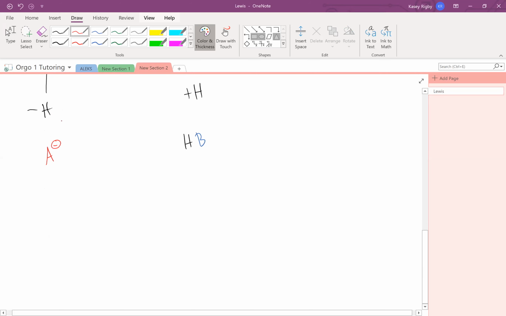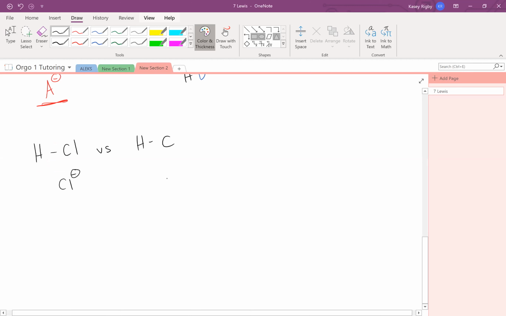So when we're looking at acids, the more stable the acid is on its own without the hydrogen, the stronger the acid is going to be. So if we look at something like HCl versus CH4, Cl negative is more stable than CH3 negative when both of these lose an H. Okay, so that means that HCl is going to be the stronger acid.